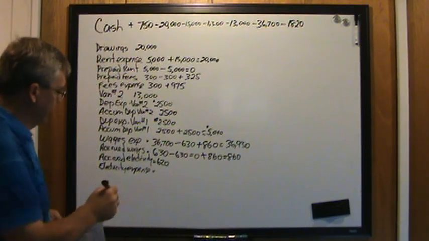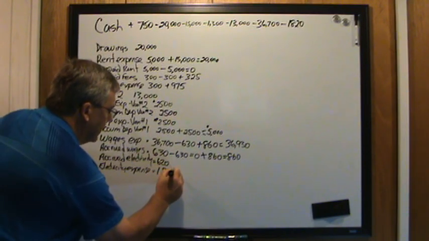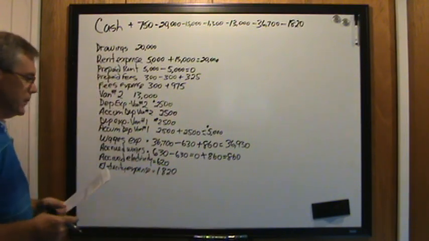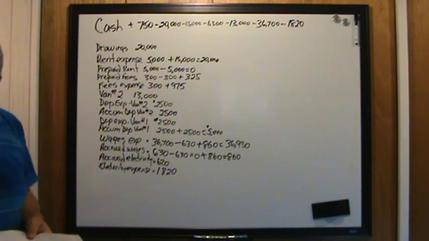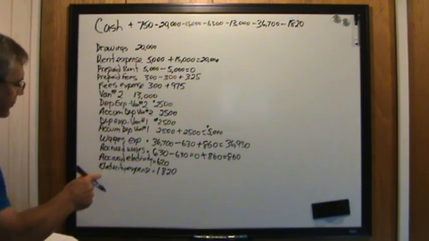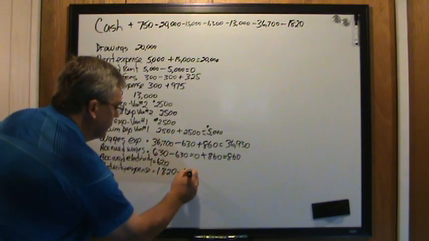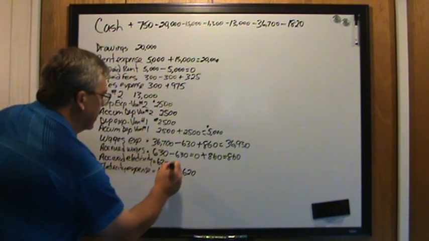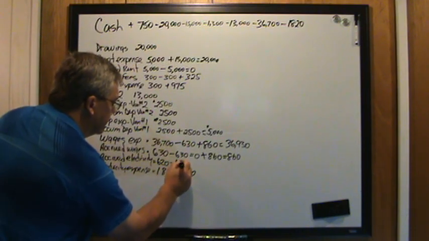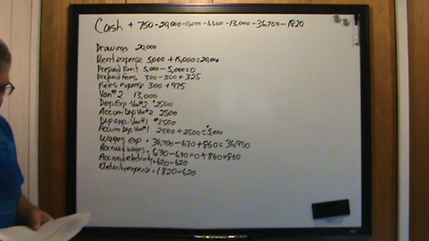It appears as though electricity expense increases by $1,820. Okay, but we will be adjusting that right off the top with this $620 of accrued, just like we did with wages. So $620, and this goes down $620, so those are the balancing, which brings the accrued now to 0.